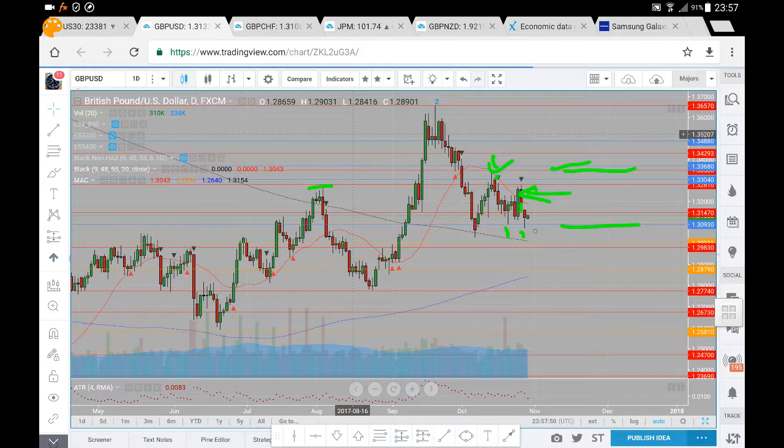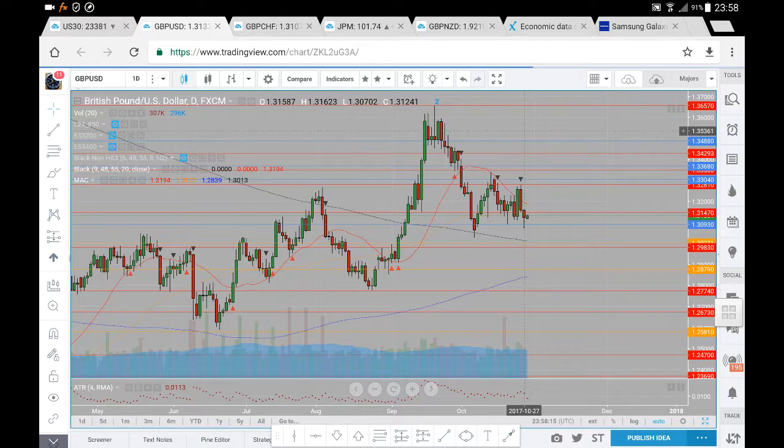However, if we do see a breakdown of the level, we're looking for price to come all the way down to this 31.30 level and 29.83, the next major level below us. And also we've got this 400 period moving average. We're just going to see where that is. The 400 period moving average is going to be pretty close to this 30 level anyway, so we might just use the 130 level.